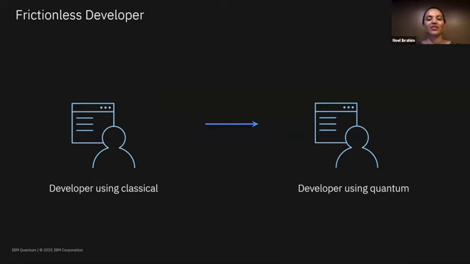Well, in the future, there might be less to learn in terms of building the applications, but if one wants to develop models or algorithms, it's really important to understand how the quantum architecture works. But the aim is to have a frictionless developer environment that is as easy to use as possible for those who already have development skills. So the same tools, the same languages, and the same code can be used to program a quantum computer as to program a classical computer.